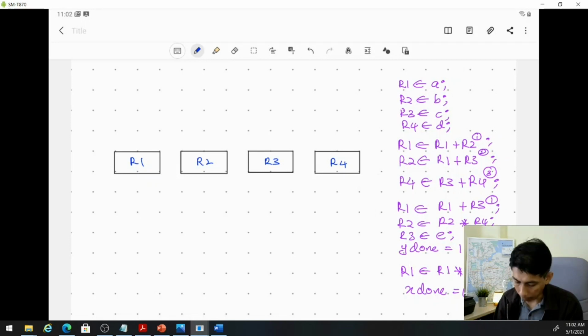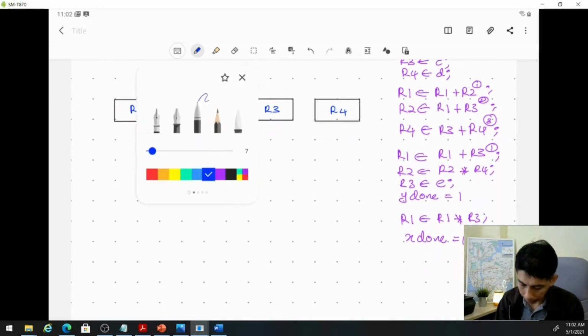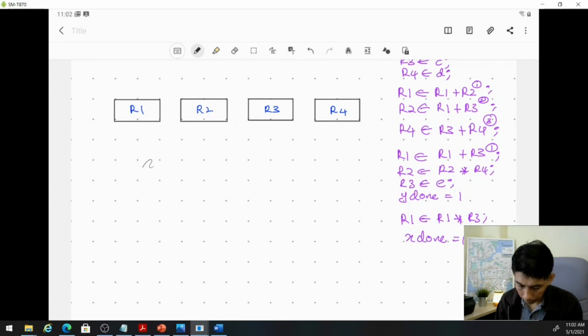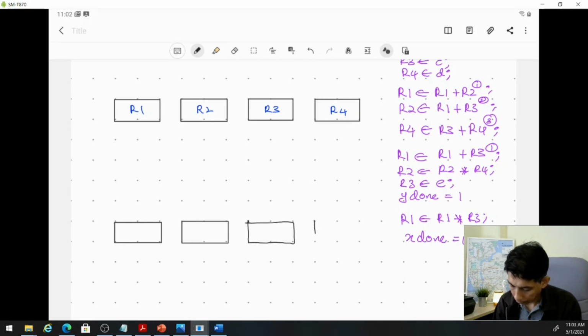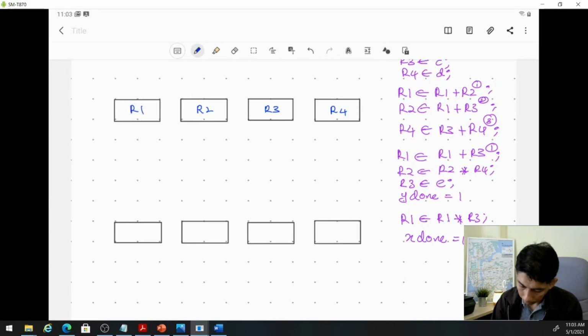So we have 3 adders and 1 multiplier for the computation. So maybe the first adder is here, the multiplier is here. We have 3 adders, just like that.